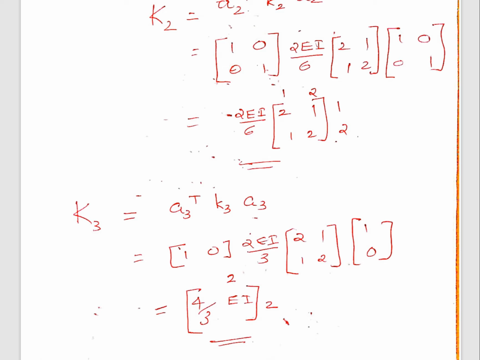So the capital K3 is obtained as 4EI by 3 and I have marked it as 2 because it corresponds to R2 is equal to 2. Second column ആയിട്ടാണ് നമ്മൾ ഇതിനെ കൺസിഡർ ചെയ്യുന്നത്. Second column, second row, only one element, so it is taken as the element 2 2.